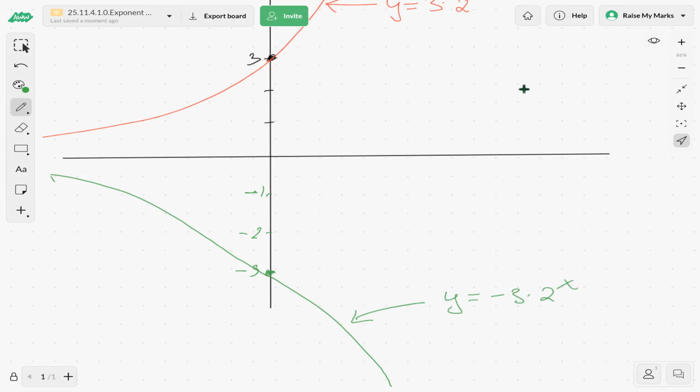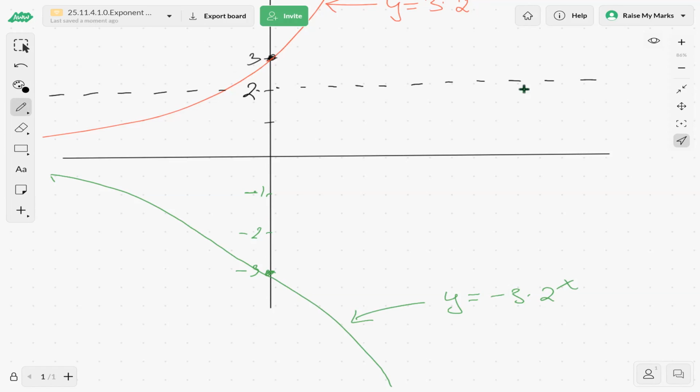So next, let's consider the translation to the right 1 unit and the translation up 2 units. The translation up 2 units takes our horizontal asymptote and moves it up 2 units. So our horizontal asymptote is now at the line y equals 2.